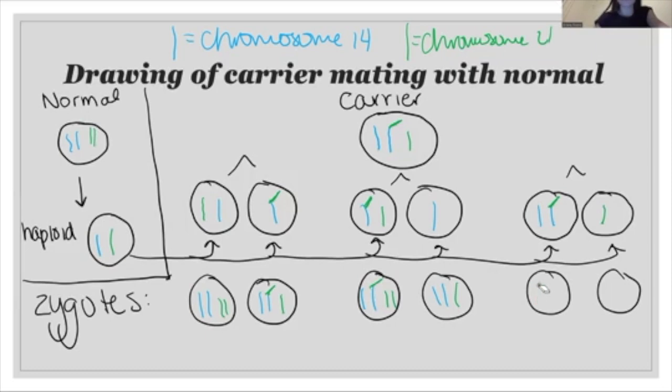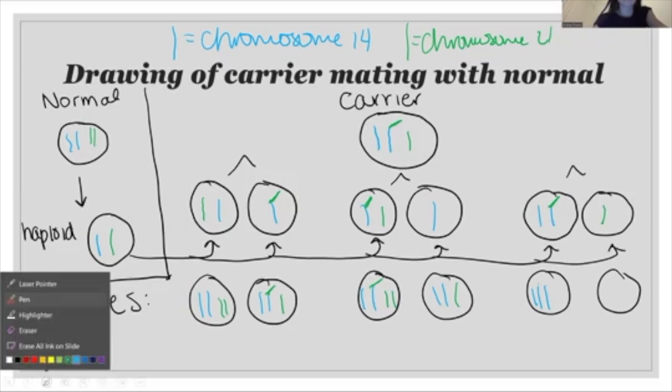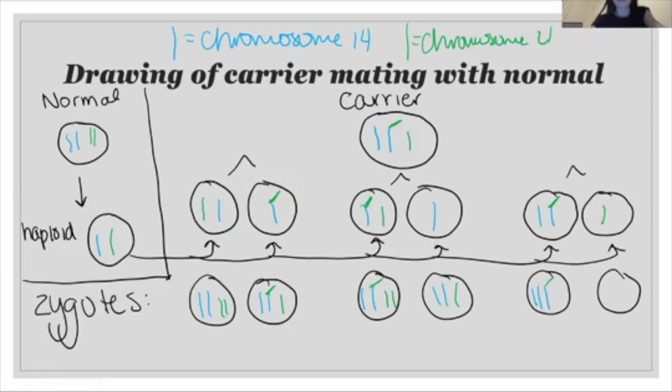Wrong color again. So I have those 2 blues, one from the haploid normal parent, one from the haploid carrier, and then the Robertsonian translocation. And the last one would be blue, green, green.